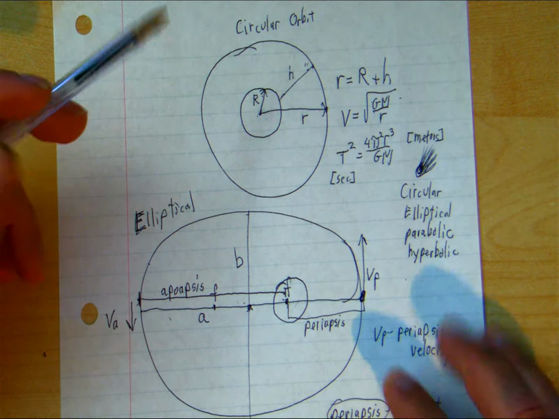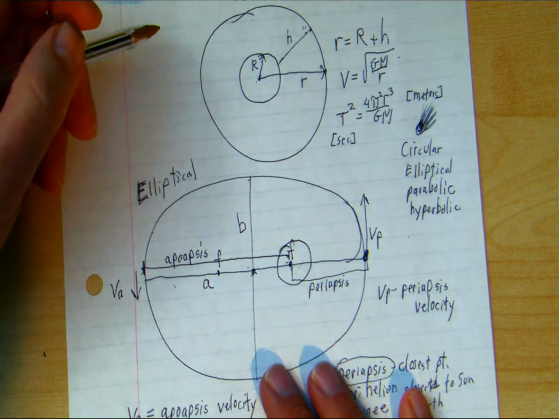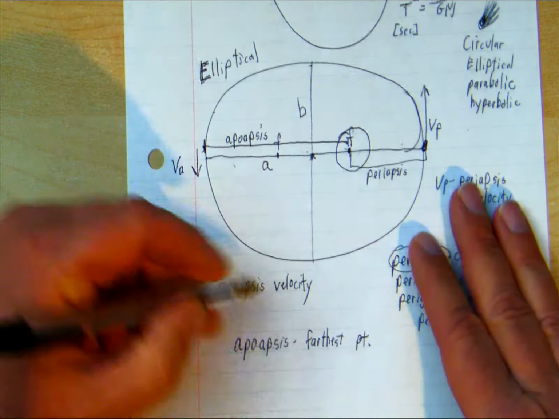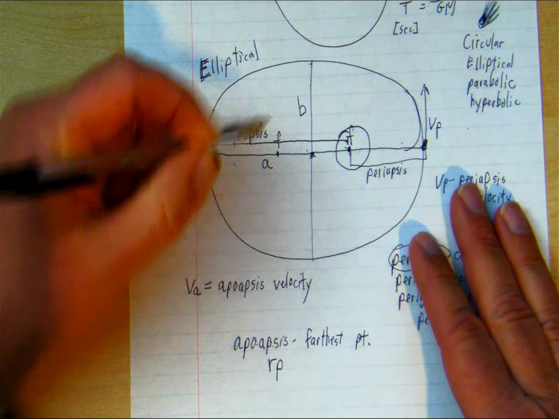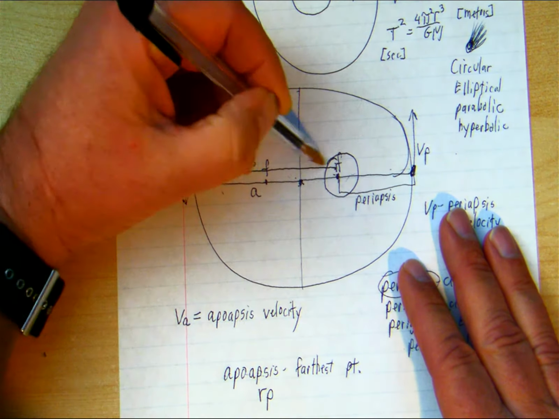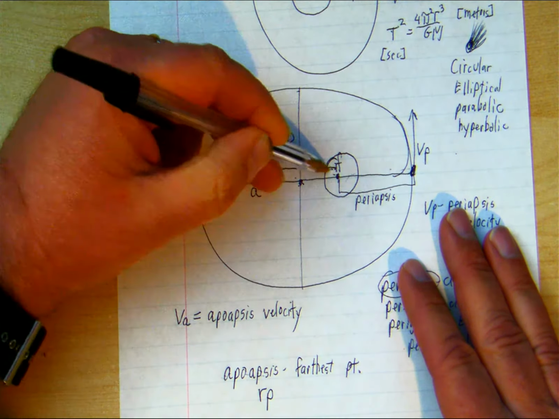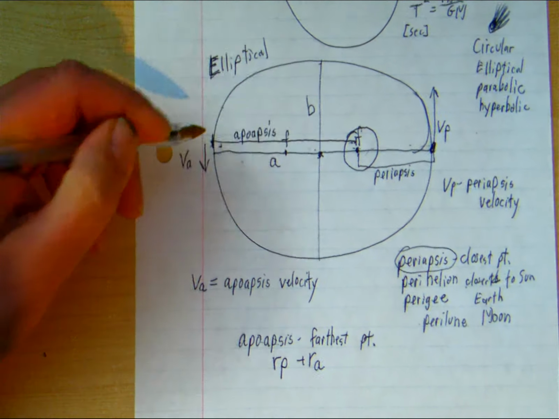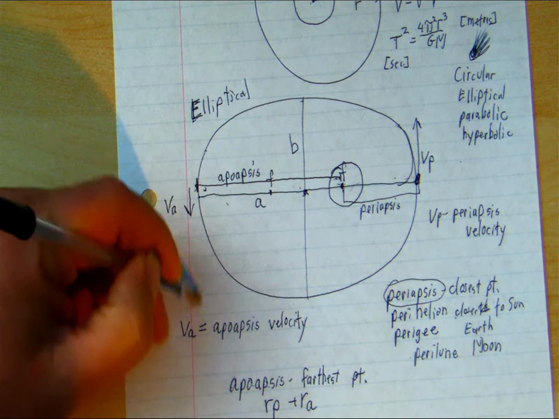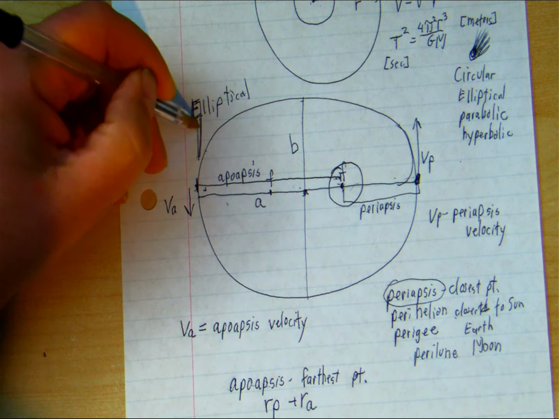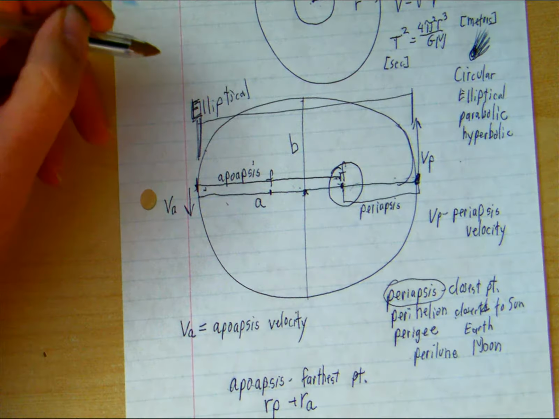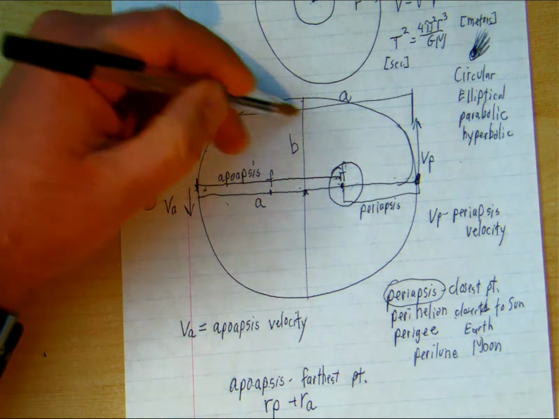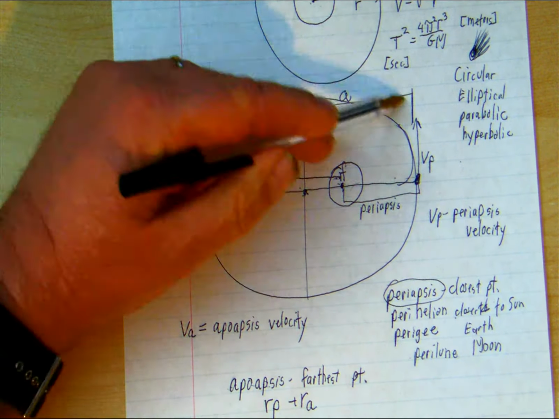Oh man, how do I get that? Why, look, children, if I take the periapsis distance, r sub p, and I add to that the distance to apoapsis, r sub a for apo, then the total distance from here to there is the major axis. That is A and A. A gets us halfway across, A takes us the other way across.